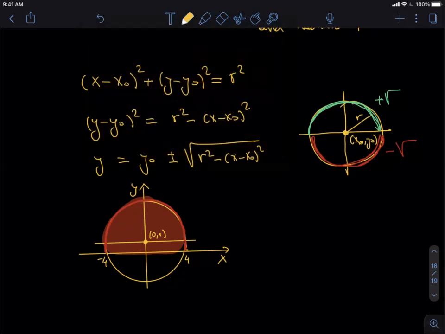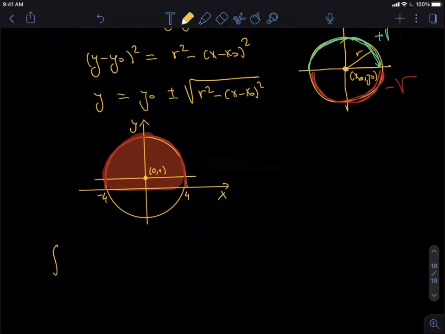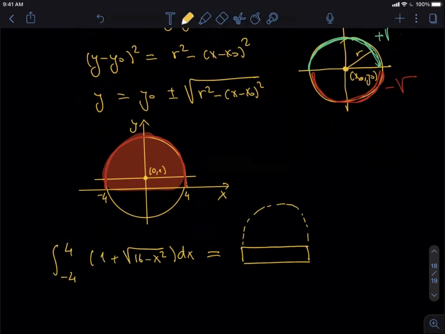It's half a circle, but then it's lifted up a little bit, so we need to account for that too. The integral from -4 to 4 of 1 plus square root of 16 minus x squared dx is the signed area. So we have the rectangle, and then we need to add the semicircle.